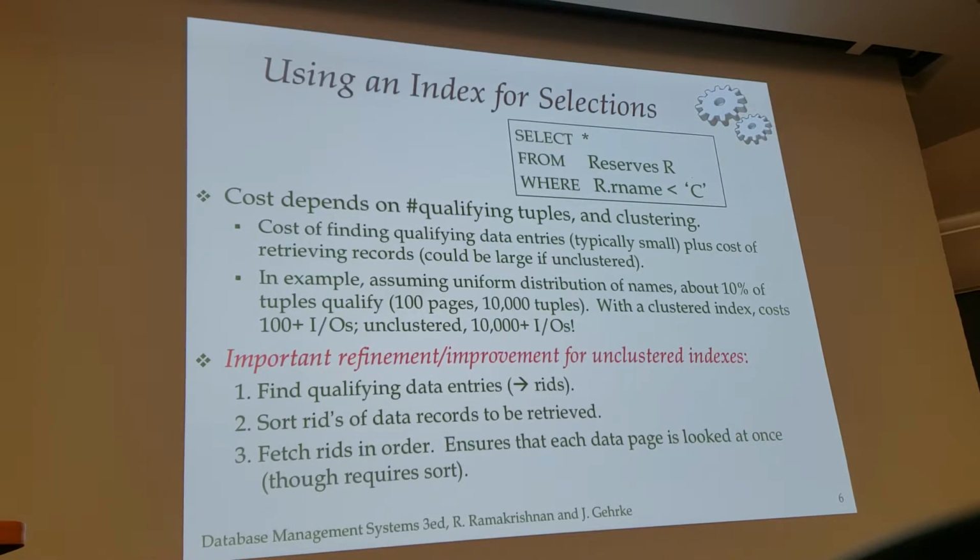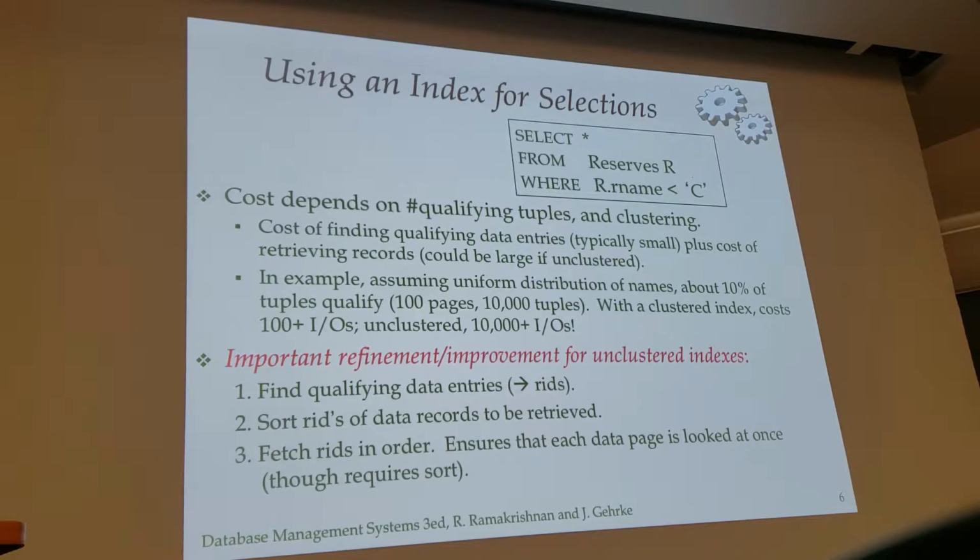Here's an important improvement on the slide, which I've already told you: in this particular case, you look up all the RIDs using the unclustered index. You sort the RIDs based on the pages, because an RID is just a page ID and a slot ID. And then you get them in order.